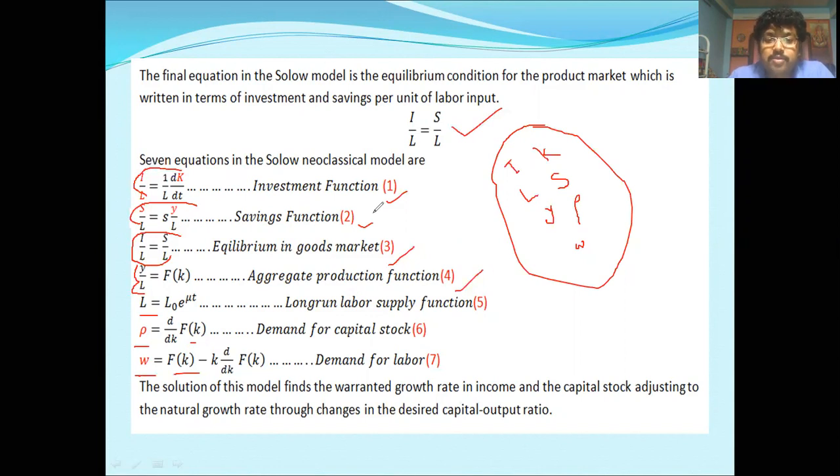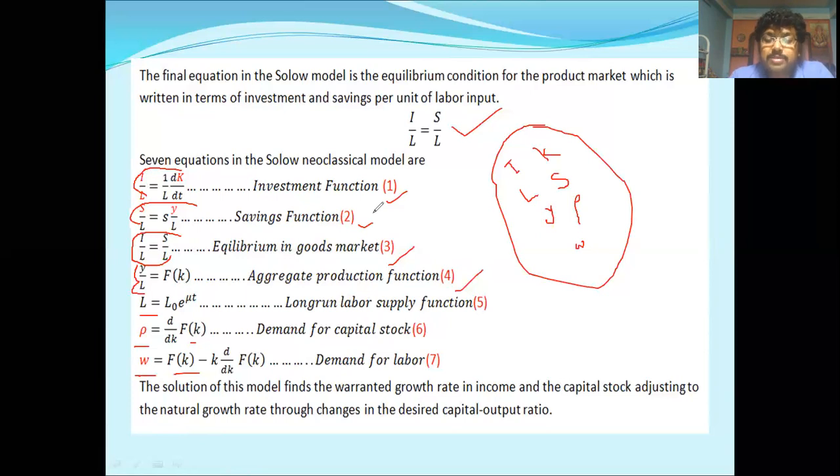Okay. If the warranted rate of growth is greater than the natural rate of growth, such a situation, then the real rate of interest will decline. As the real rate of interest declines, there is an increase in the capital stock.